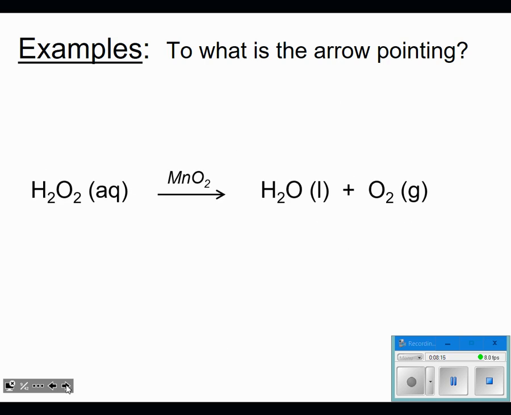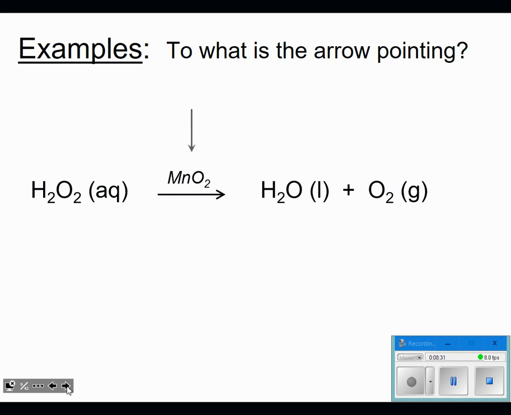Okay, here's another example. I have a compound, then I have my arrow sign with a compound over it, then I create another compound and another element.